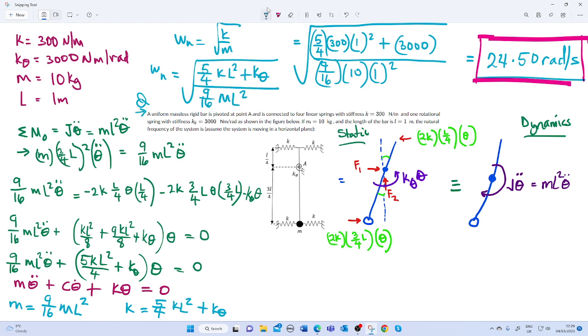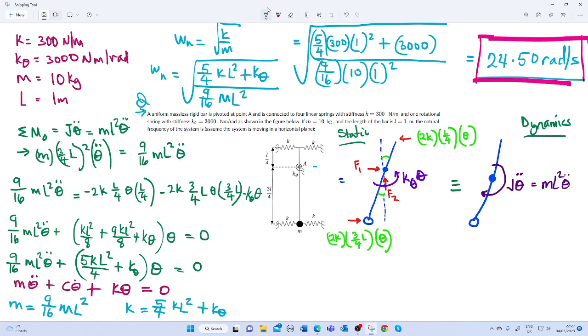A uniform massless rigid bar is pivoted at point A and is connected to 4 linear springs with stiffness K equals 300 Newton per meter and 1 rotational spring K theta of 3,000 Newton meter per radian, as shown in the figure.